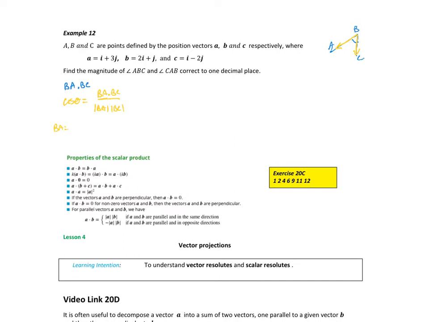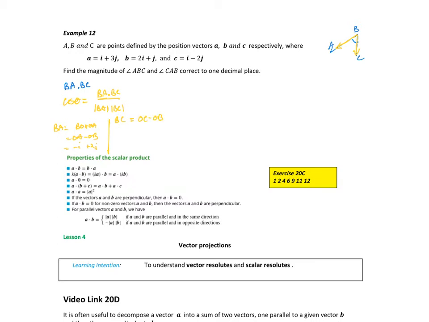BA is equal to BO plus OA, which is OA minus OB, A minus B, which is 1 minus 2, which is minus I, 3 minus 1, which is plus 2J. Same thing for BC, it's going to be OC minus OB.